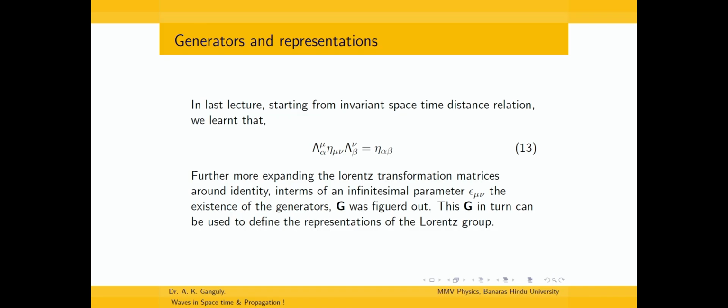So, the ones that are there to represent the Lorentz algebra are the ones that we have noted earlier prior to arriving at equation number 12. So, we have only 3 spatial rotation generators and 3 boost generators for a system.